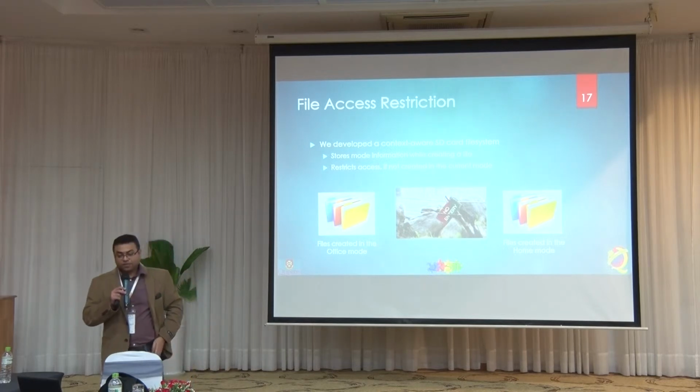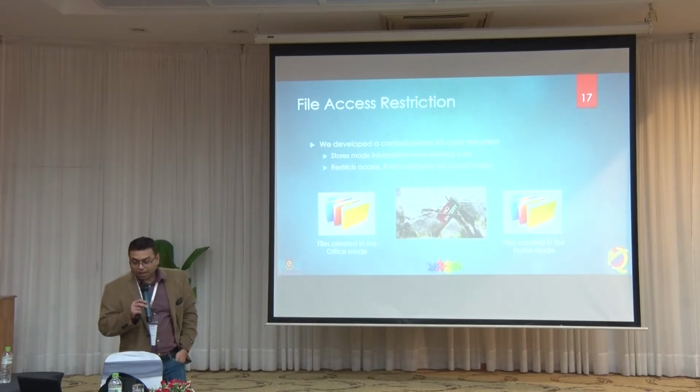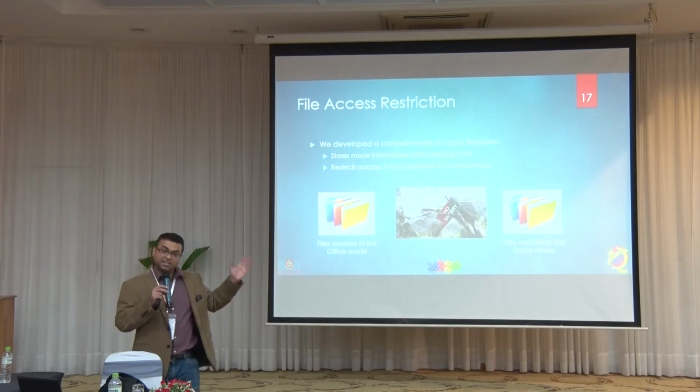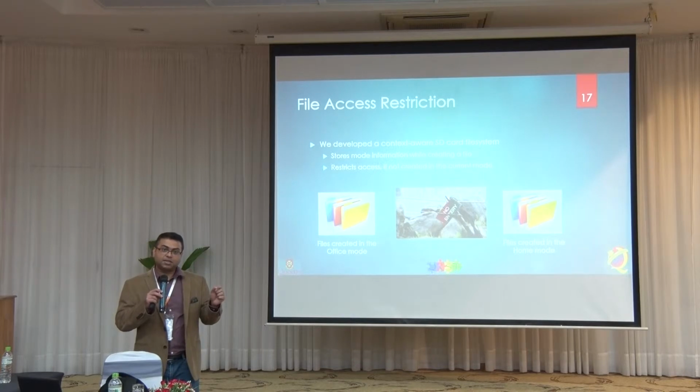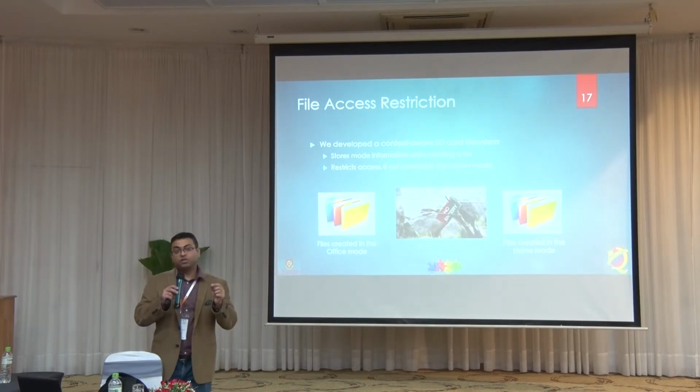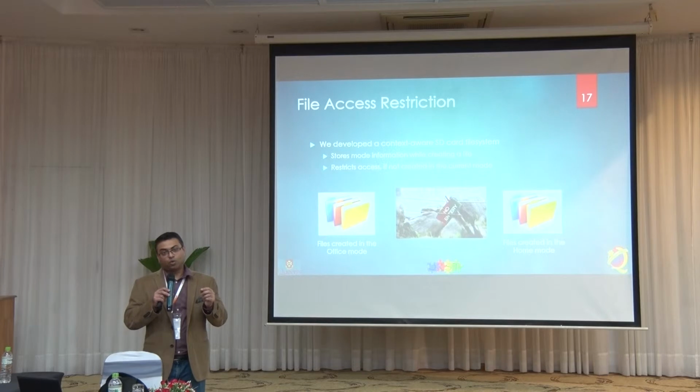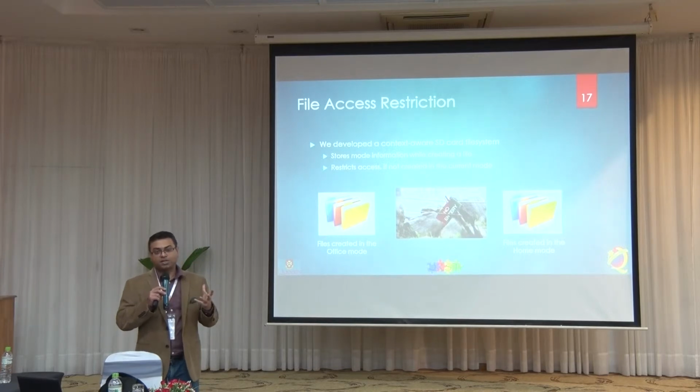The file access restriction, we have implemented using the SD card file system. In Android, the SD card file system is actually implemented using the Fuse library, which emulates a FAT-like file system on top of the ext4 file system.